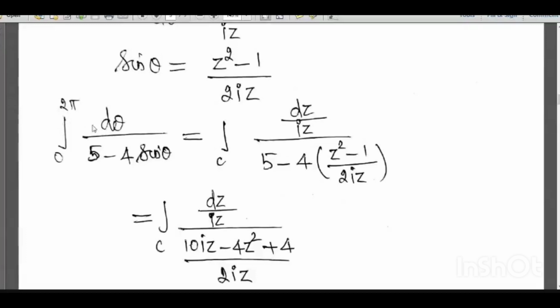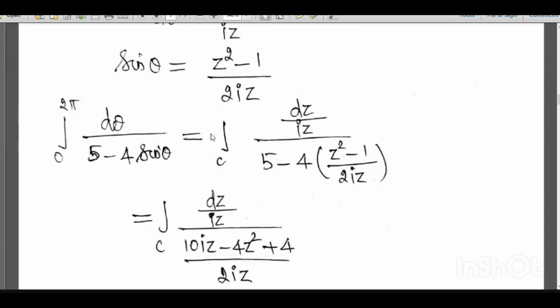Therefore the given problem can be written as the integral over c of dz divided by iz, whole divided by 5 minus 4 into z square minus 1 divided by 2iz.